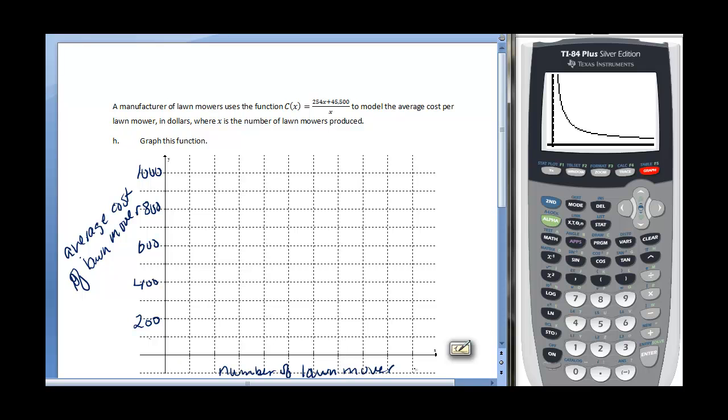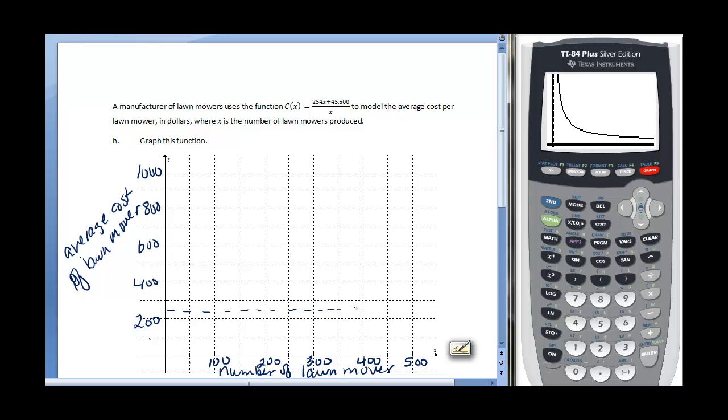And then on my number of lawnmowers, I made every little tick mark worth 50, so I'll just put it in increments of 100 here. And so that's what I have. I know that I have a horizontal asymptote over here at y equals 254, so it looks a little low.